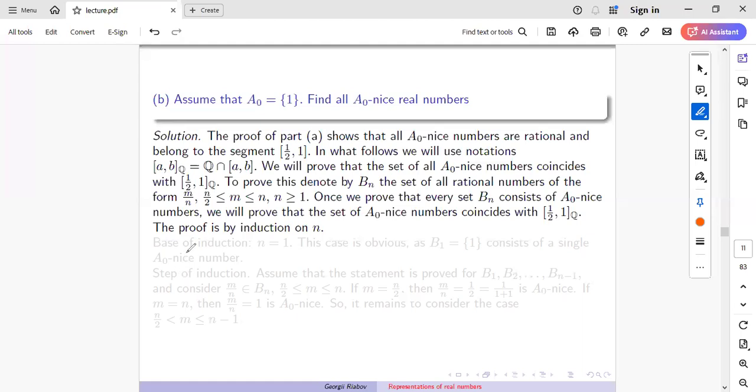For example, we already considered these sets. So what is B1? The denominator is equal to 1, so B1 is 1. B2, with the denominator 2, we have two numbers, 1 over 2 and 2 over 2. With the denominator 3, we have 2 over 3 and 3 over 3, and so on.